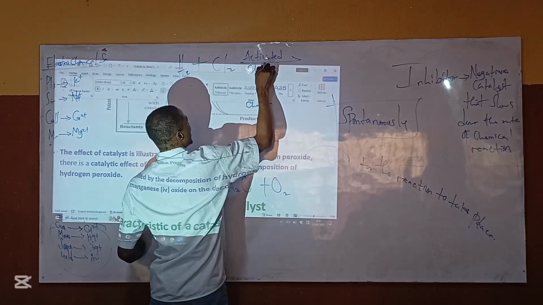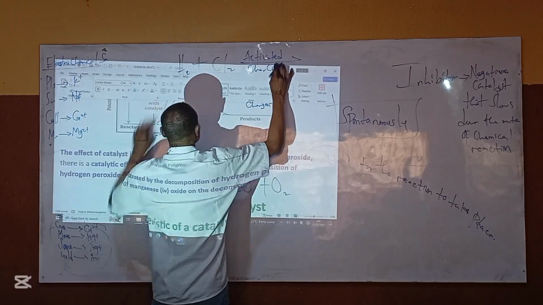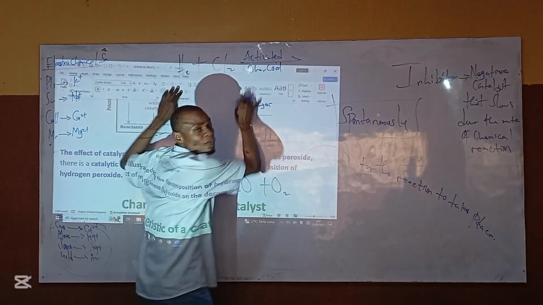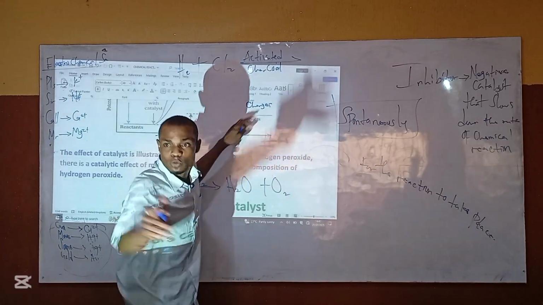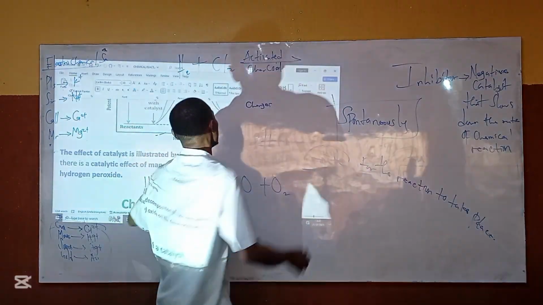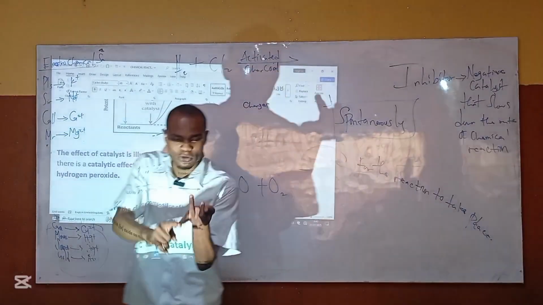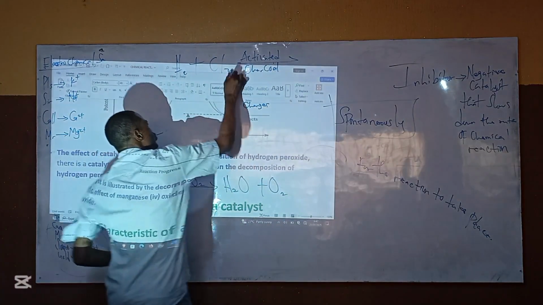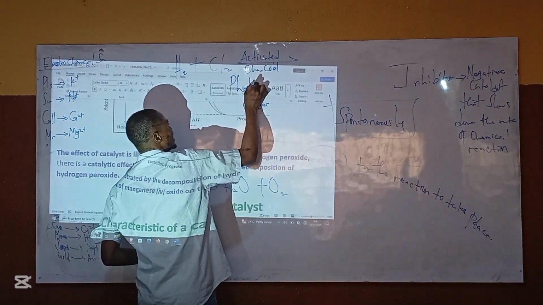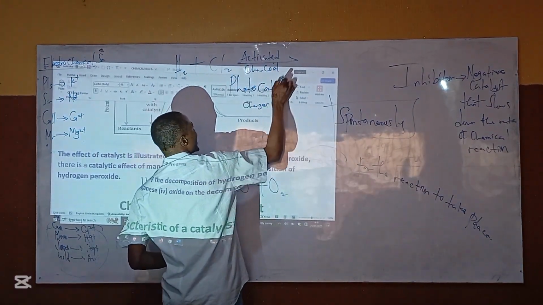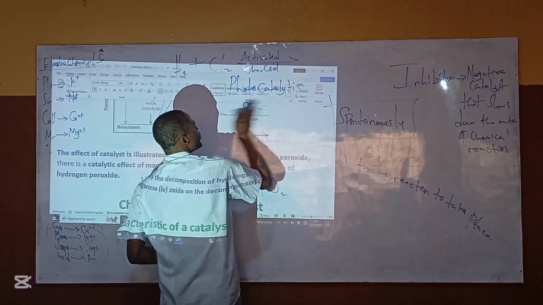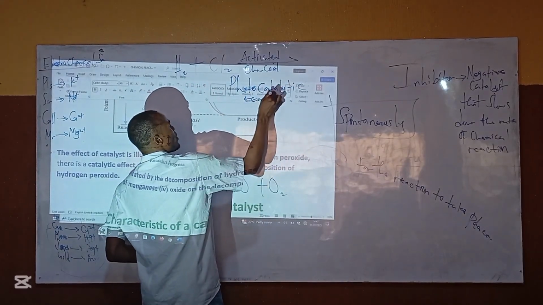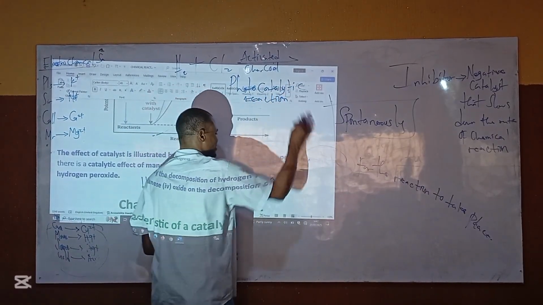Do you know that this reaction can take place in place of light also? It will react explosively. So a reaction that can take place in the presence of catalyst and light is called what? Photocatalytic reaction.